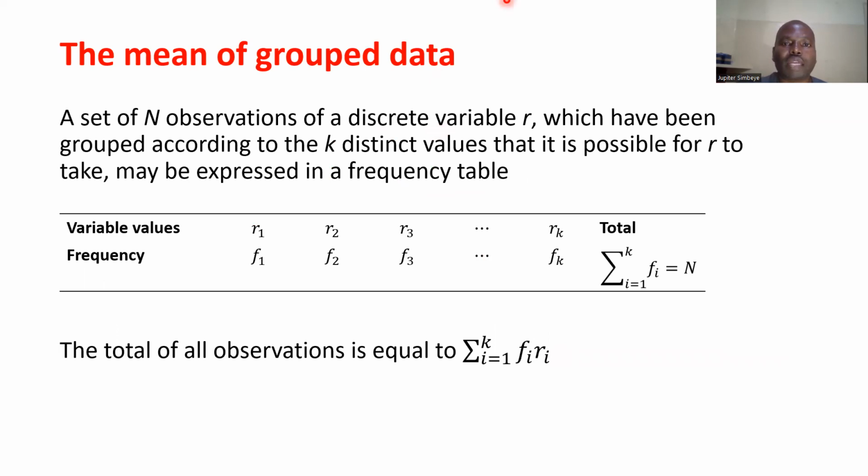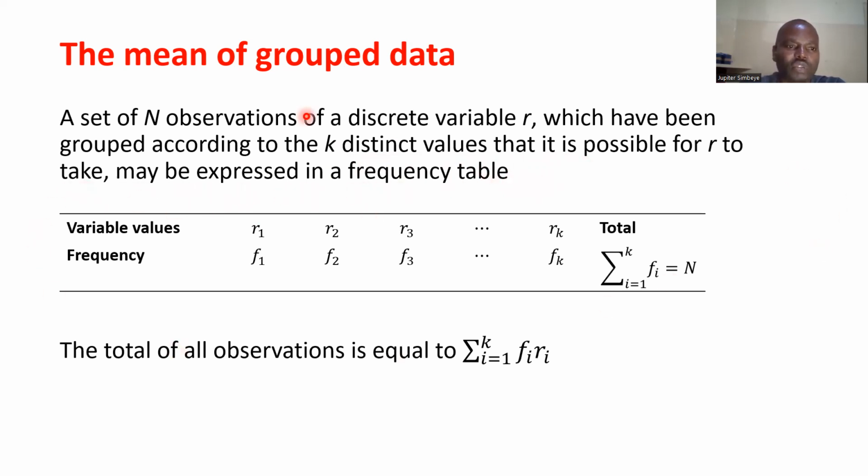Now let's look at the mean of grouped data. Remember we already saw this, but we are defining it formally using sigma notation. If you have a set of n observations of a discrete variable r, which have been grouped according to the k distinct values that r can take, this may be expressed in a frequency table.